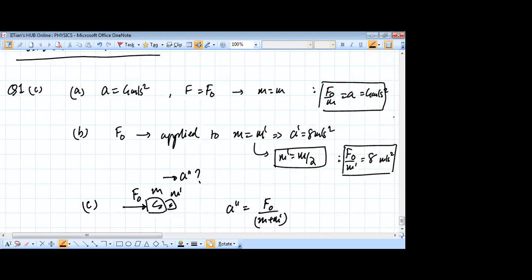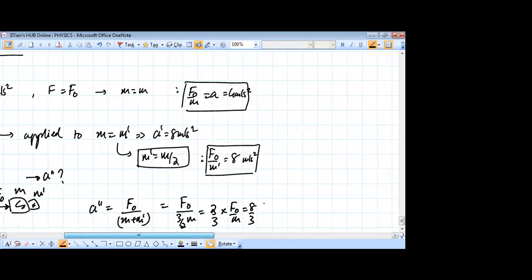Okay. So from these two, you can see that it will become F naught by, now m prime is m by 2, so 2/3 of F naught by m. So that will become 8 by 3 or 2.67 meters per second square.